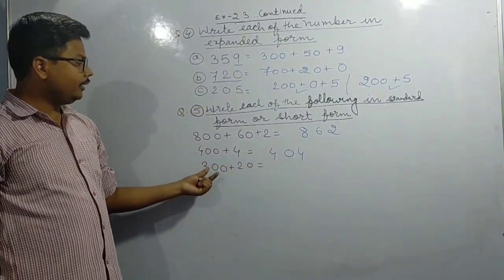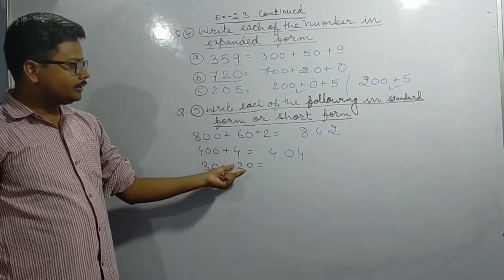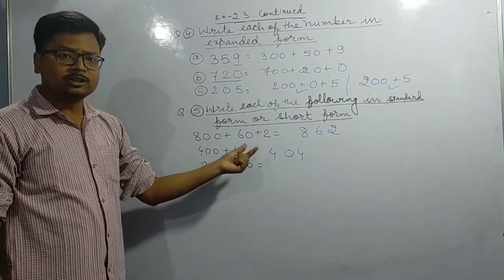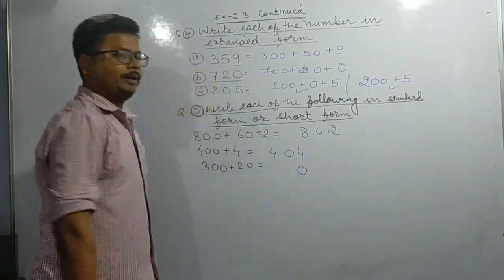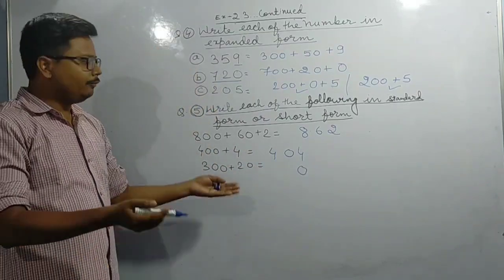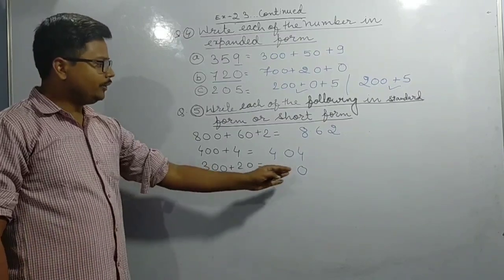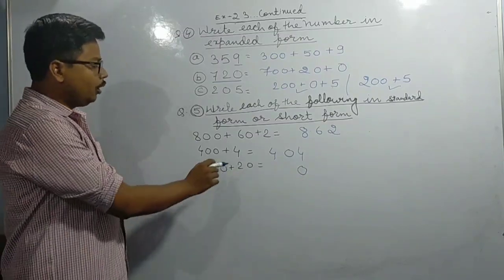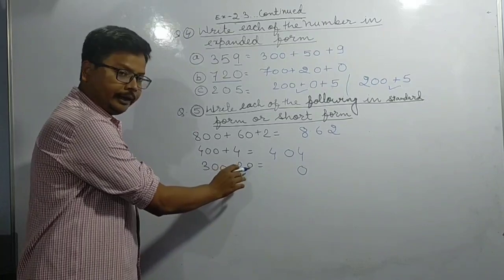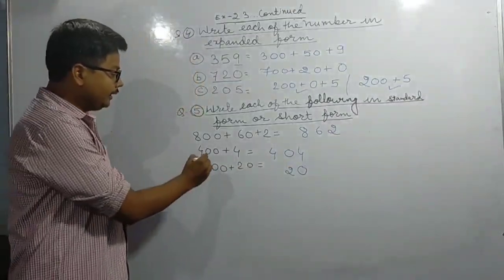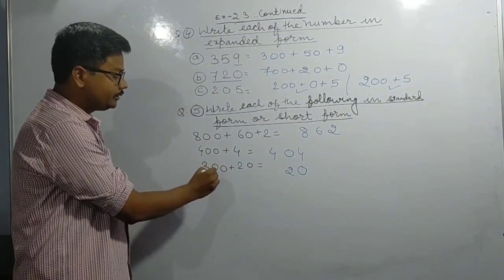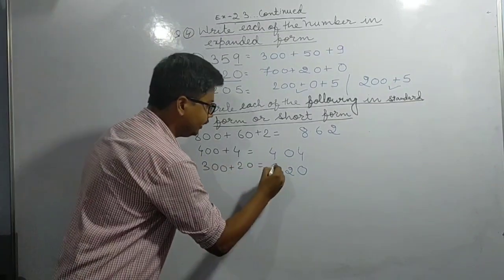Next question is 300 plus 20. As you can see in this question, there is no ones place, so we write 0 in ones place because nothing is given, so we have to write something there. Now come to tens place, it is 20, so we take 2, and in hundreds place 300 is there, so we are taking 3.